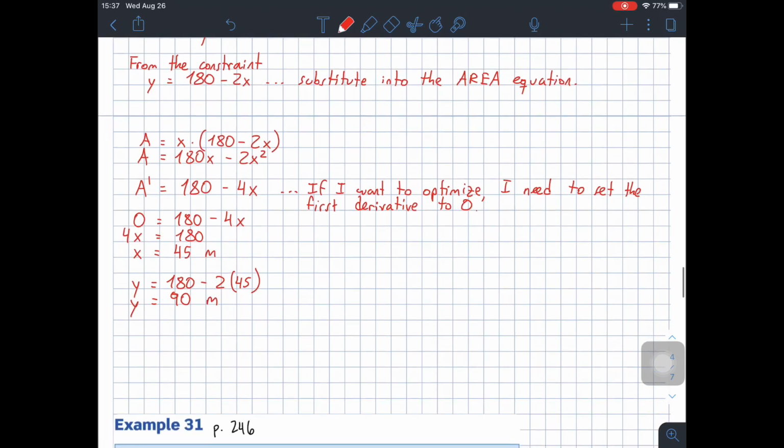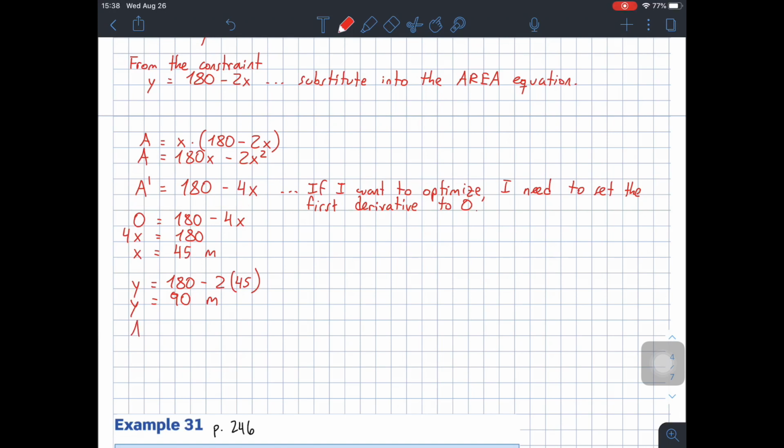Okay? Now, how do I prove if these two values I obtained are actually maximizing or minimizing the equation? Well, we already know how to do that. I can try doing the second derivative test, which is the one that we learned last class.